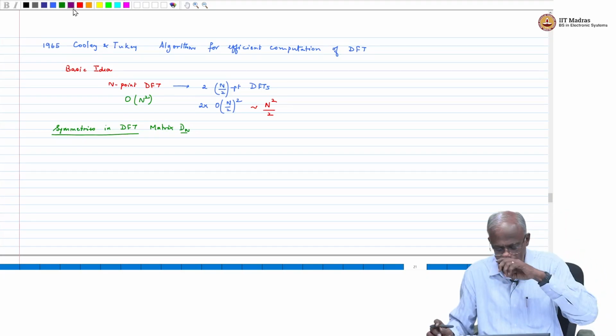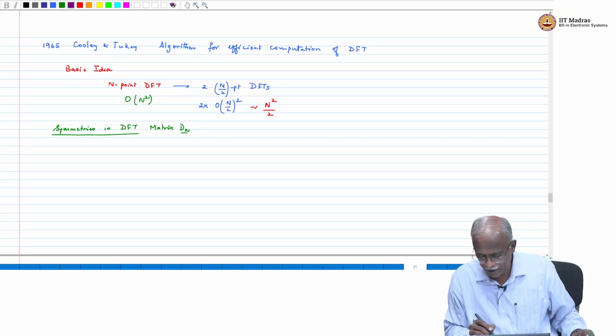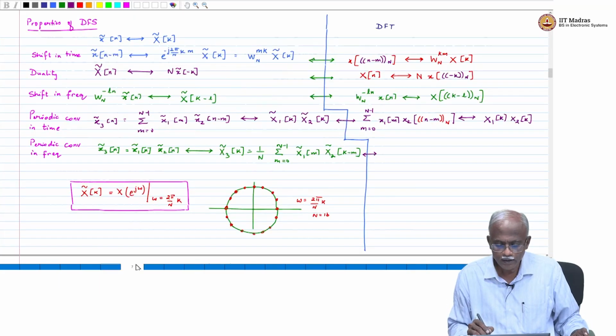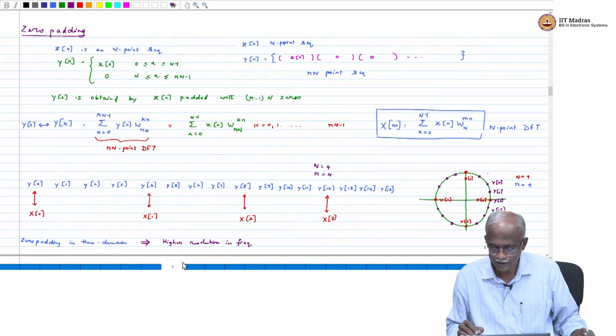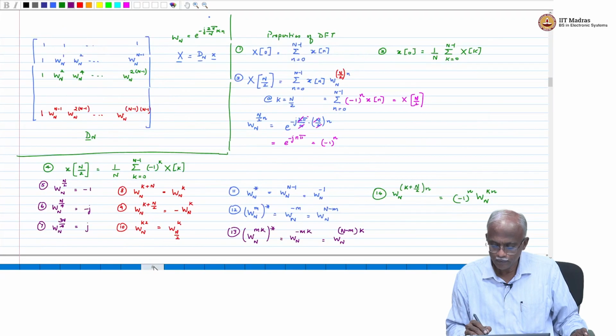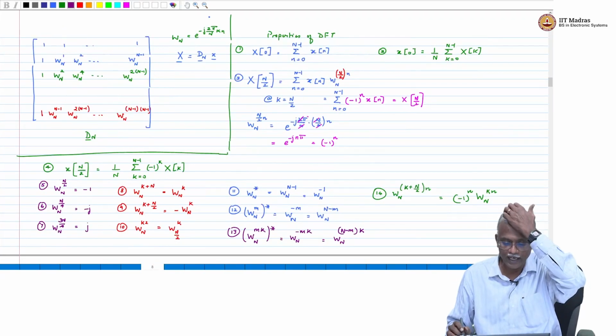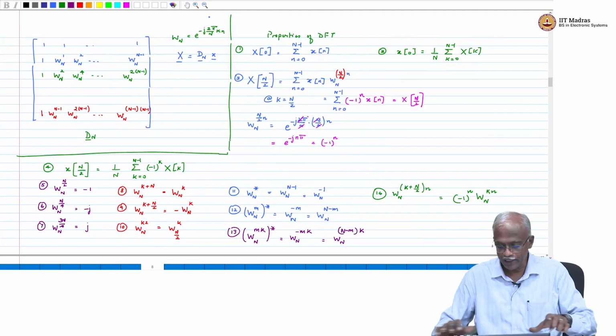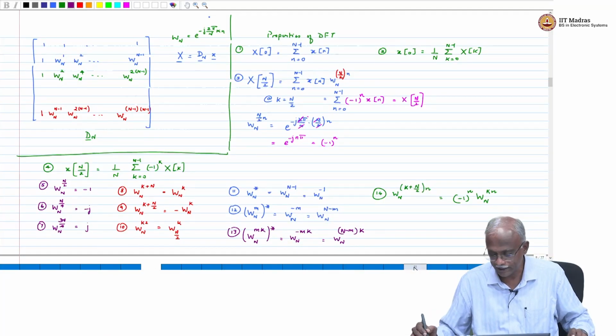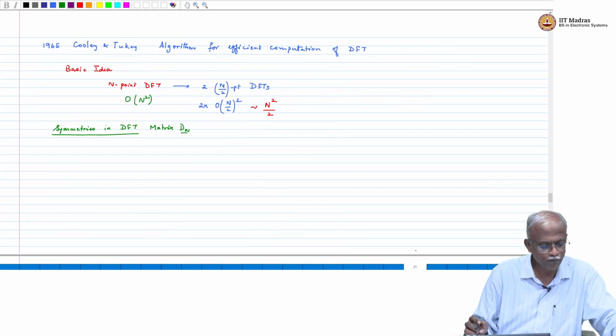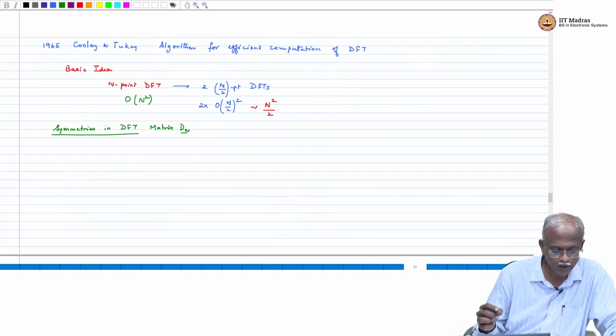If you remember, we looked at 14 properties, on slide number 8, where we derived a lot of the symmetries. I'll just mention a few of these that we will use here as well.